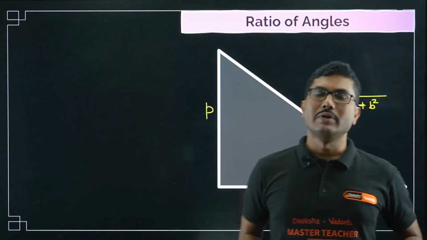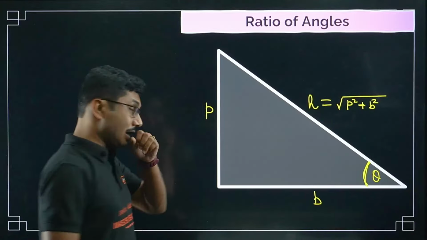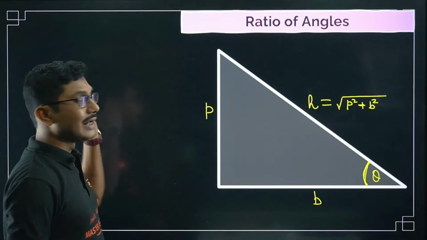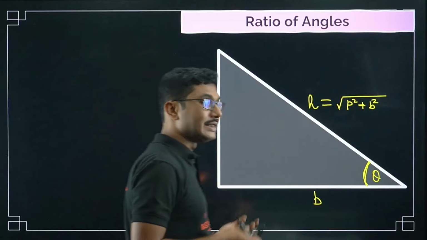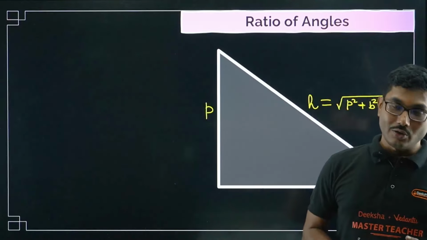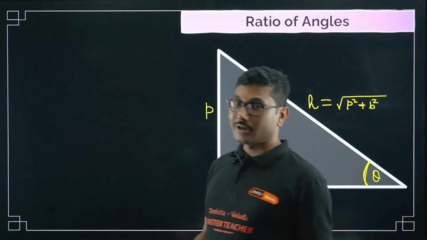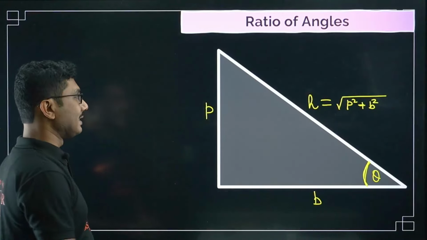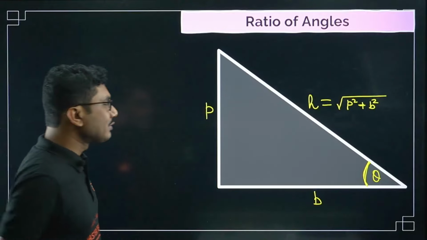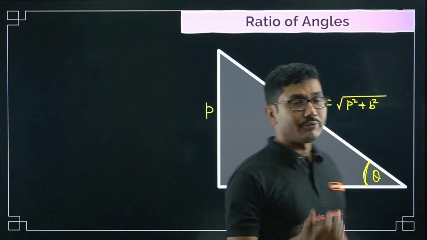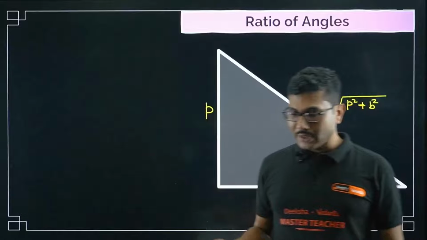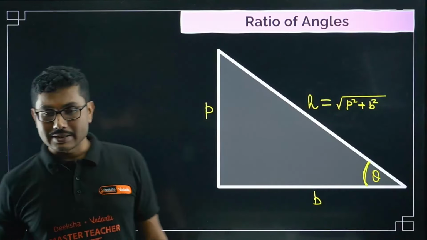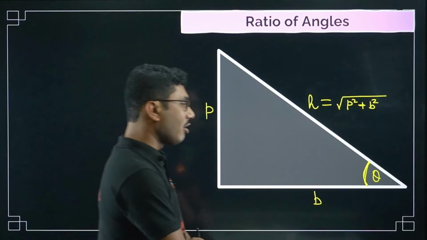It will be helpful for you to remember what are all the ratios of the angles. For example, sin theta, cos theta, tan theta, sec theta, cot theta, cosec theta, they are all called ratios of the angles, right? Now many students often struggle with these values because some of them have not practiced it when they were supposed to in class 10th or class 9th.